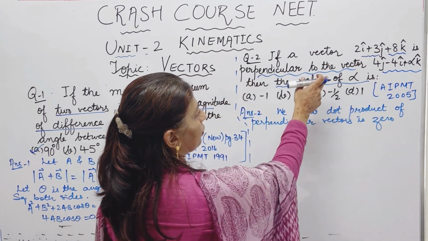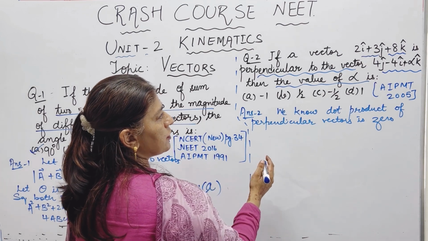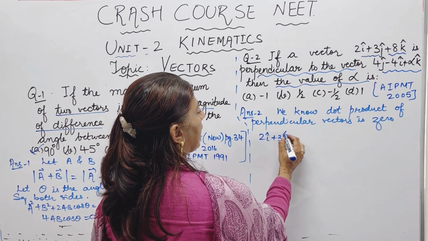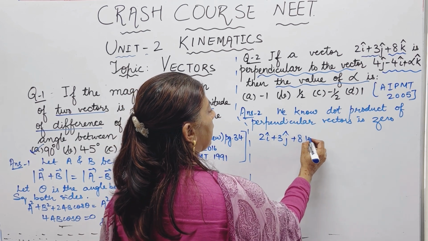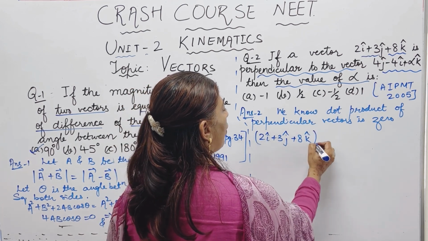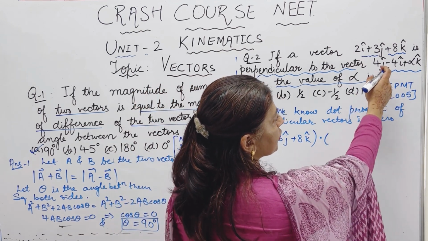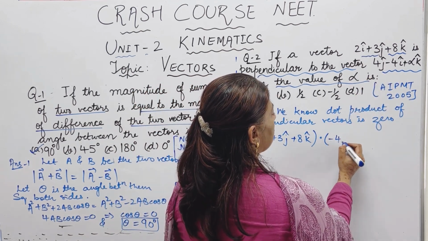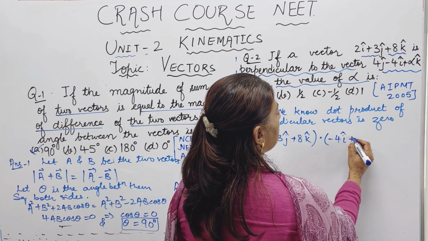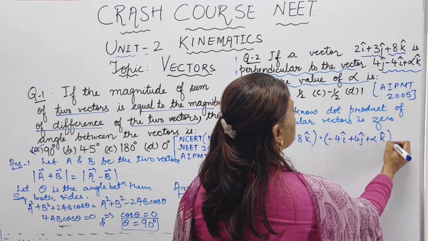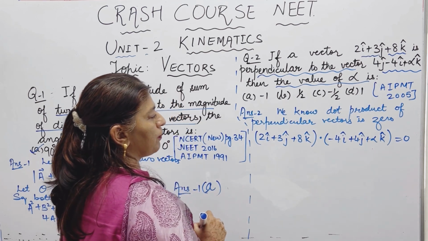Since they are perpendicular, the dot product needs to be 0. 2i cap plus 3j cap plus 8k cap dot. Now we will rearrange. Here j is being given before. I have taken minus 4i cap plus 4j cap plus alpha k cap. It should be equal to 0.